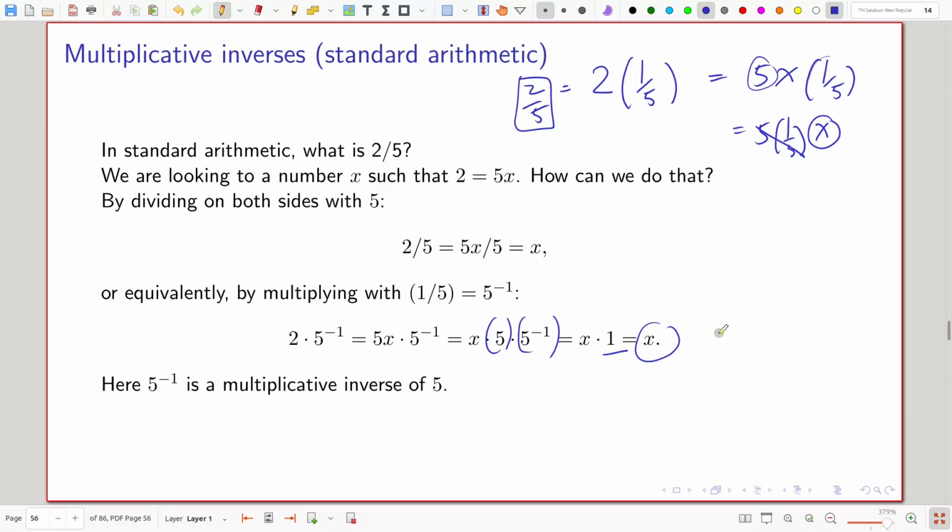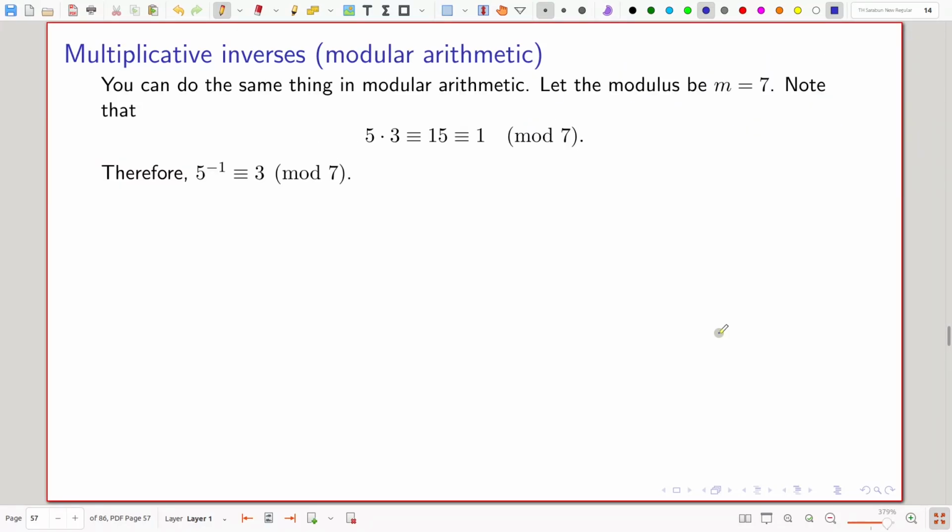Now, let's look at this in terms of modular arithmetic. Suppose the modulo is 7. Suppose you want to solve an equation. If we do everything modulo 7, if you want to solve 5x equals 2, suppose I want to find x.